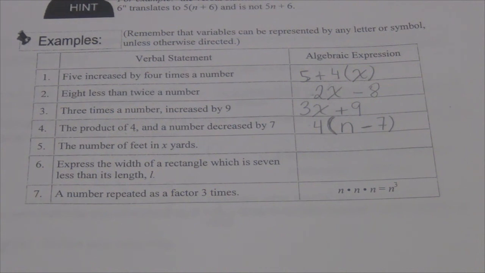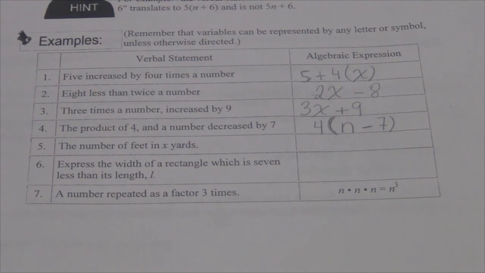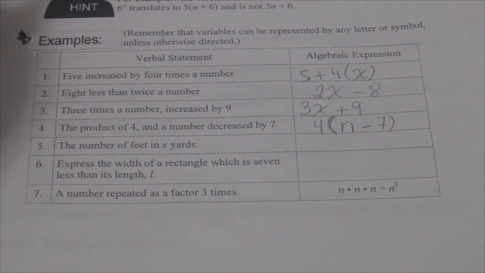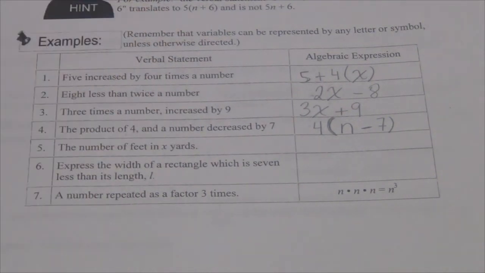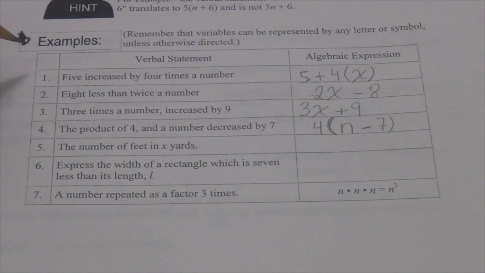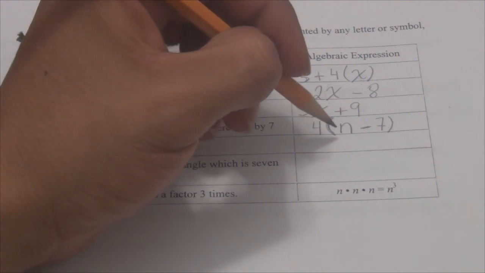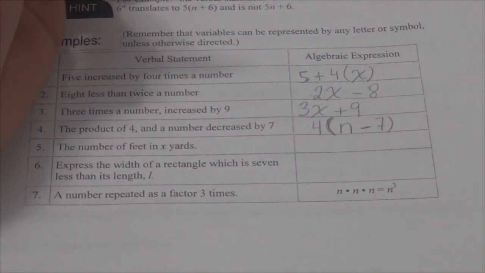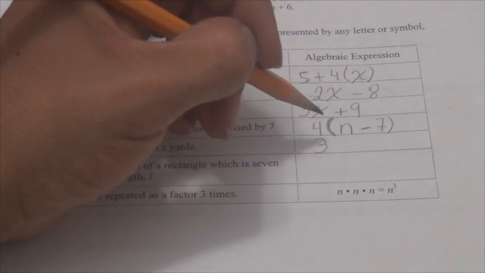The number of feet in x yards. First of all, I need to know how many feet in 1 yard. Well, there are 3 feet in each yard. Oh, you should have said that. So the number of feet in x yards, there are 3 feet in any given yard.